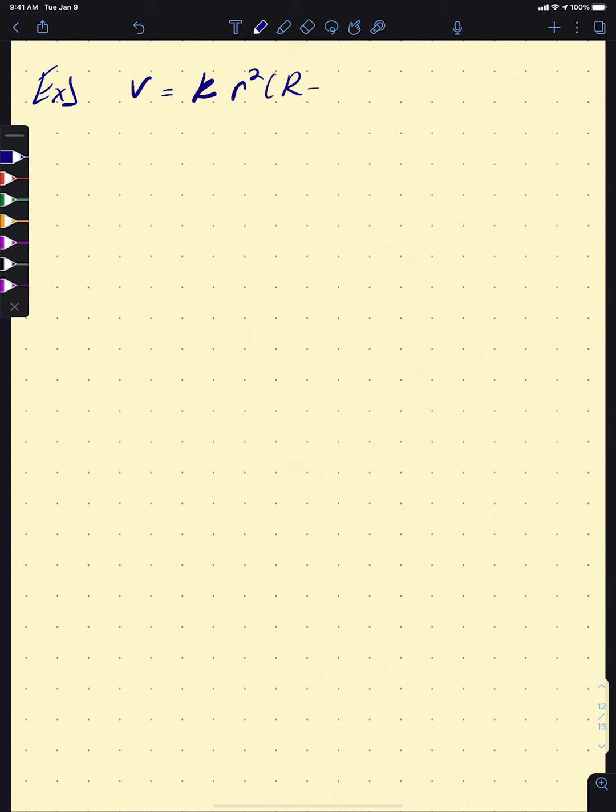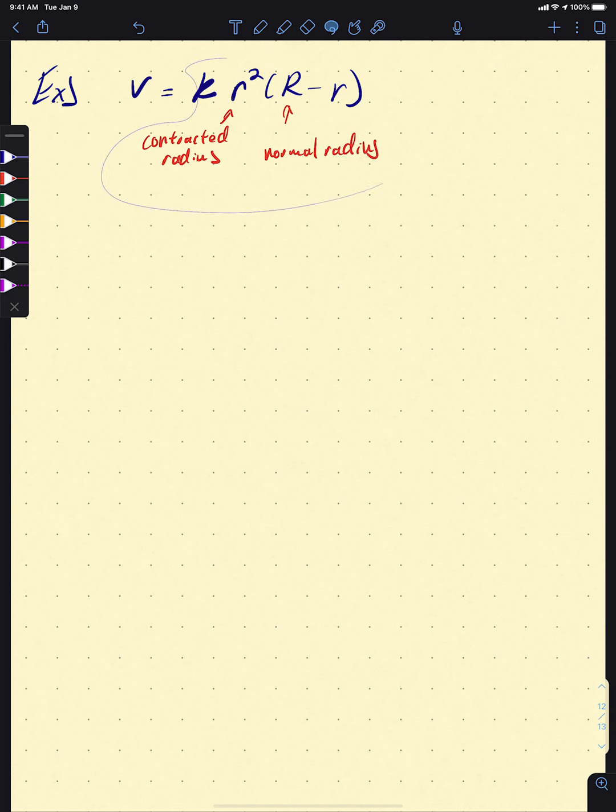Little r squared times big R minus r, where our little r is the contracted radius, which is the variable that we're actually writing this as a function of. And then here's our normal radius.